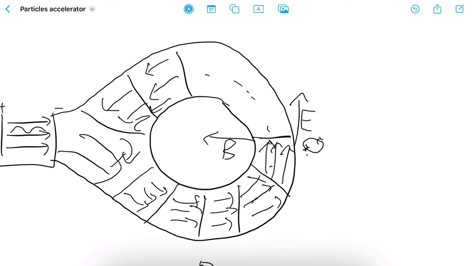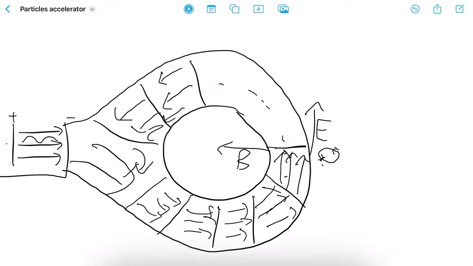But when traveling at near the speed of light, there is also another effect we need to consider, which is special relativity.